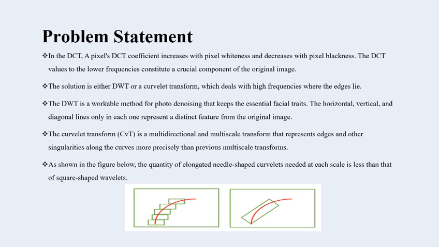The horizontal, vertical, and diagonal lines only in the edge represent a distant feature from the original image. The curvelet transform is a multi-direction and multi-scale transform that represents edges and other singularities along the curve more precisely than previous multi-scale transforms.